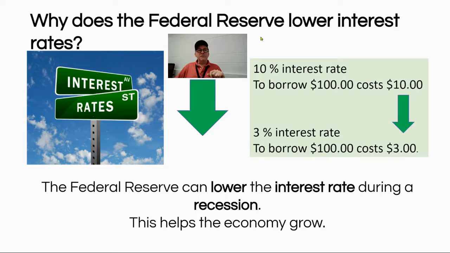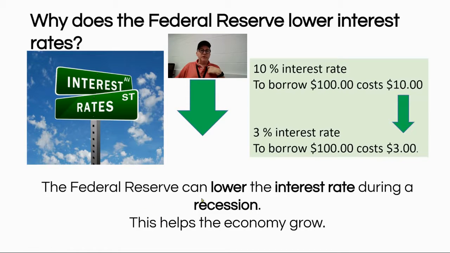Why does the Federal Reserve lower interest rates? The Federal Reserve can lower the interest rate during a recession. Remember, a recession is a period with high unemployment when many people lose jobs or don't have a job, or are afraid to go find a new job if they are unhappy with their current job because they are afraid they will not find one.